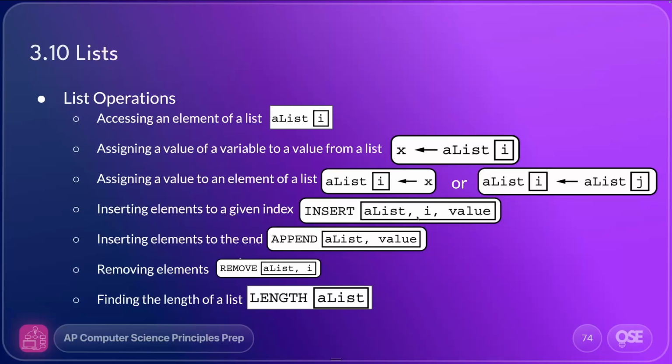To insert something at a given index, use this structure: what list, what index, and then what do you want to insert. Appending means adding to the end. So list, what do you want to append? Removing basically removes an element from a specific index. Specify the list and then the index. And then to find the length of the list, you use the length function.